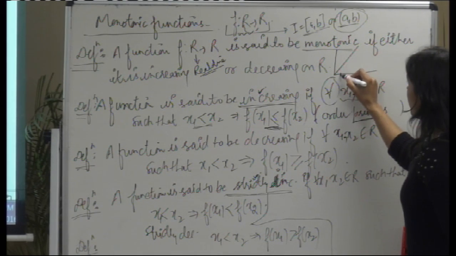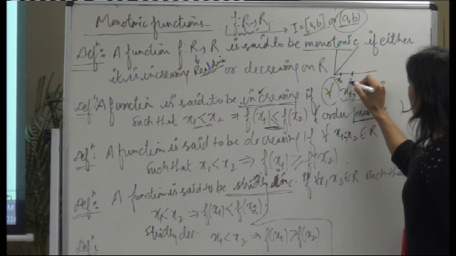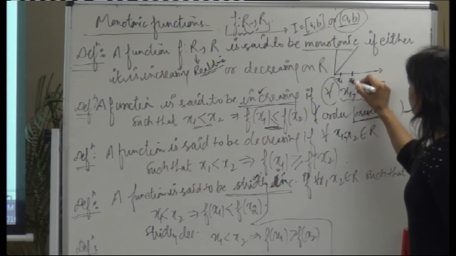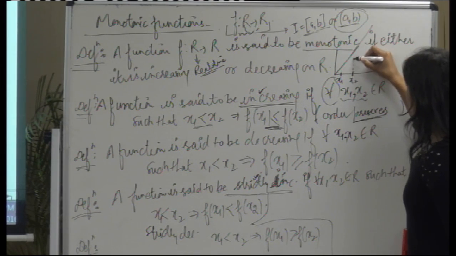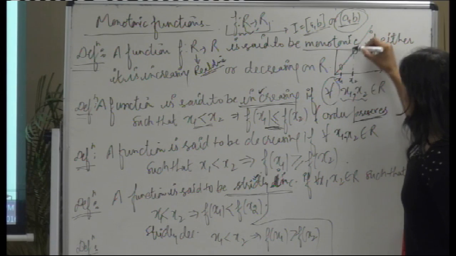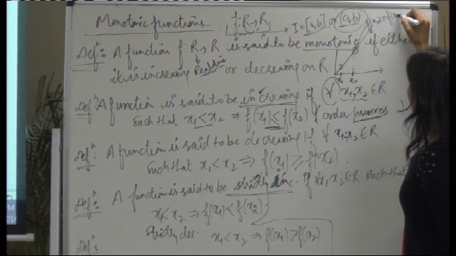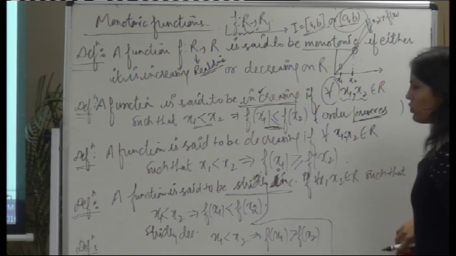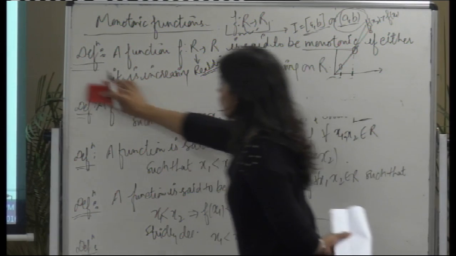This is one point, this is the second point, any point actually I'm taking. So x2 is greater than x1. Where is the x2 image? You can see f of x2 is clearly greater than f of x1. I'll rub the definitions if you are okay with them. I'll just give the examples now.